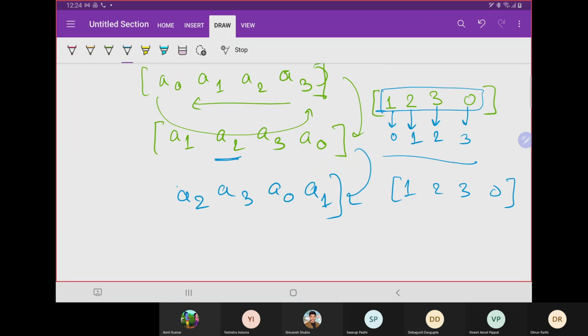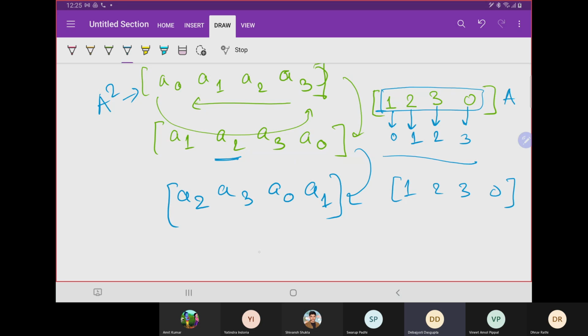So when you applied it two times, there were two left shift operations. If I name this transformation A, then we have applied A square on this array.